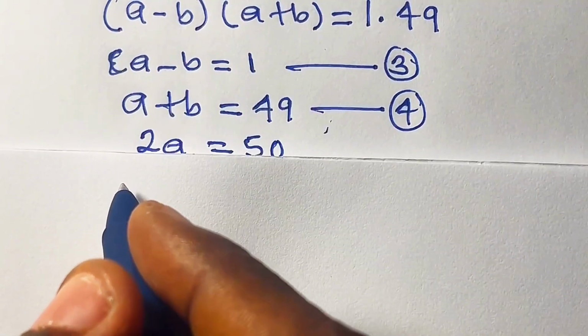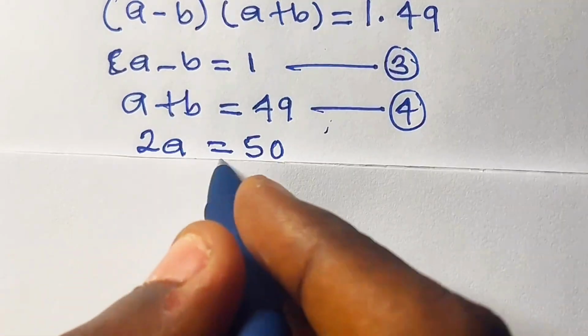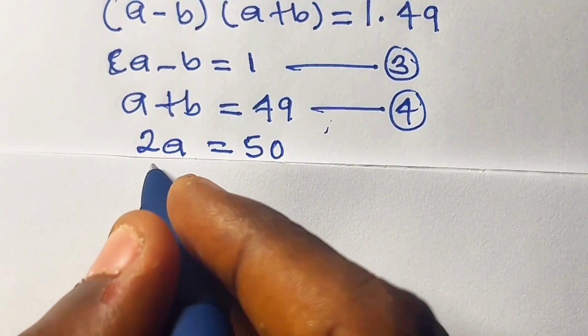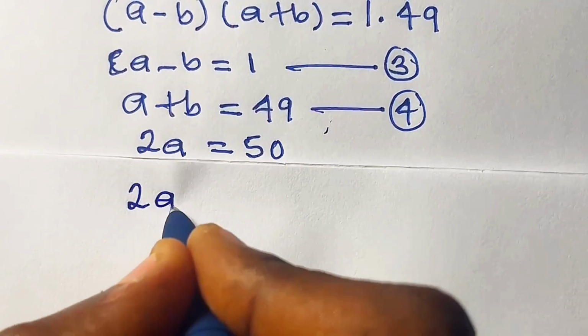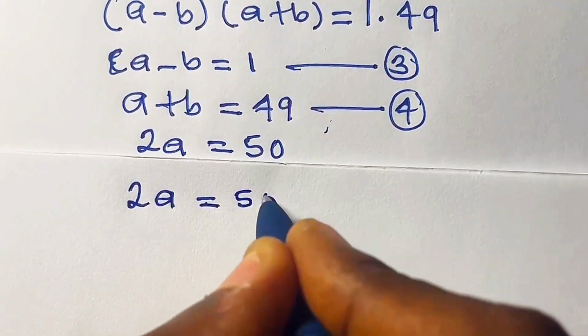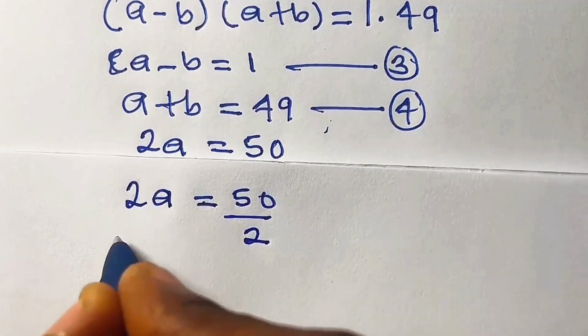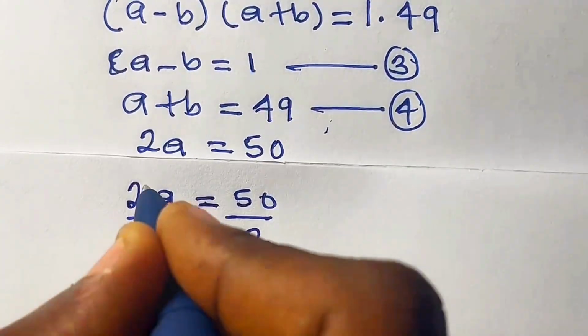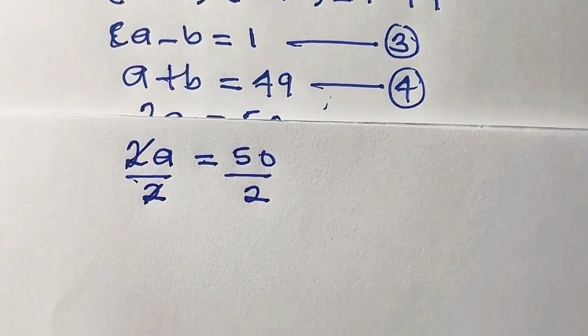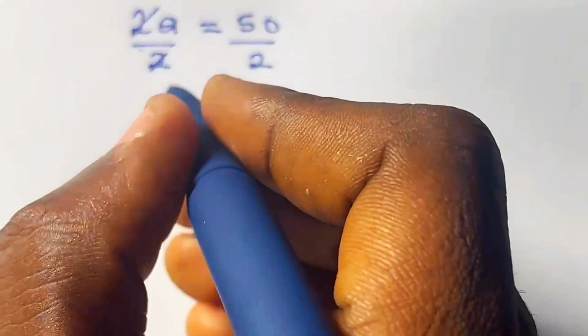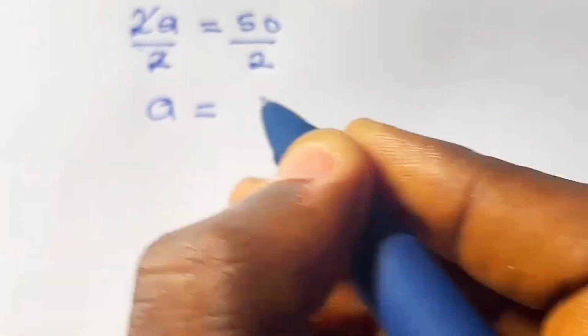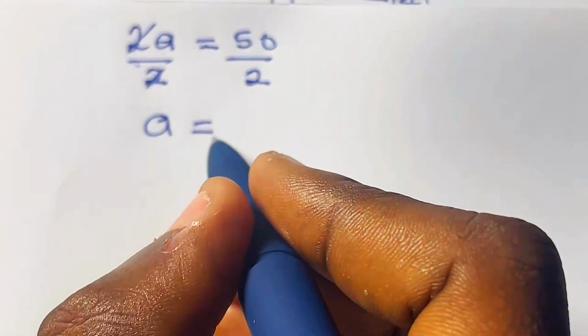To move further, we can divide both sides by 2, which is the coefficient of a here. So we have 2a equals 50, then divided by 2, this cancels out this. So we have a equals 25.